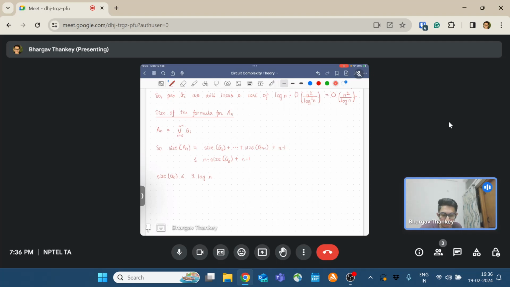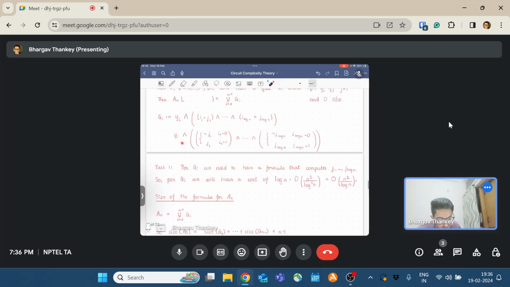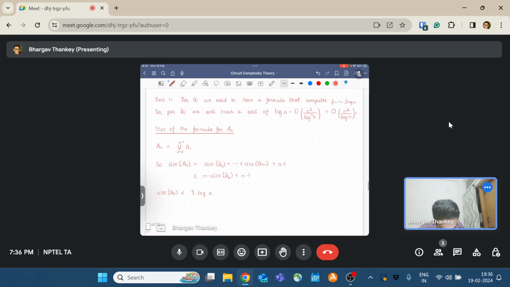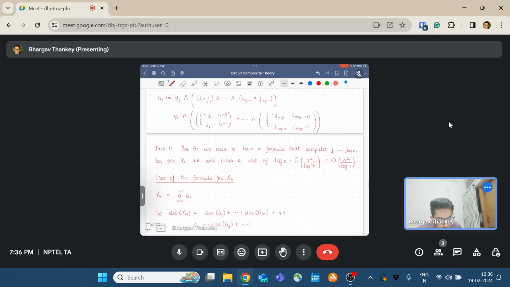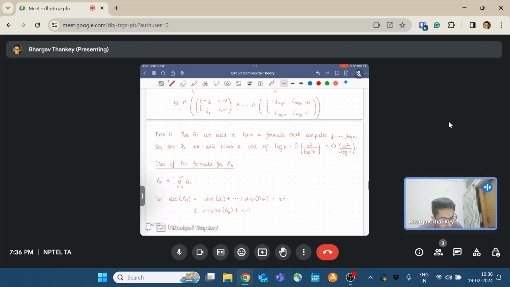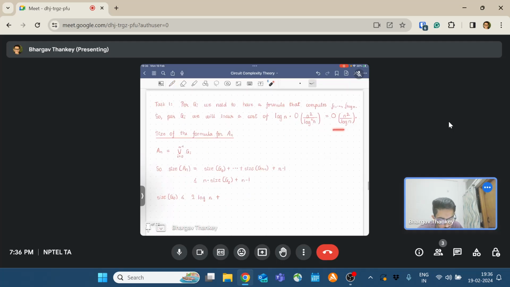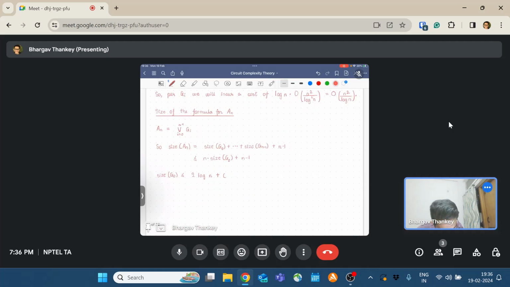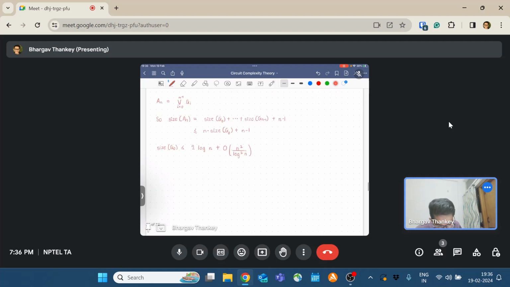So this is for the AND gates and NOT gates that I require in this expression, plus the size required to compute each of the GIs, and that we saw over here, order n square over log square n.